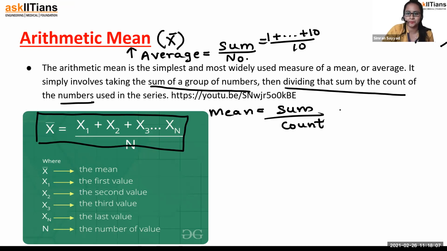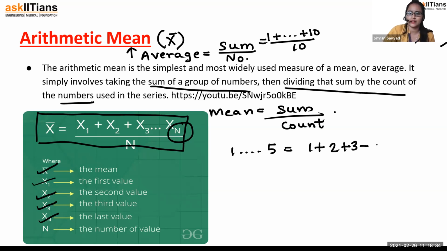Here you can see X bar. X bar is nothing but the mean. X1 is your first value, X2 second, X3 third, and so on till Xn. The last value here is considered as N. That's why you have to divide by N. Suppose you have to count only 5 numbers: 1, 2, 3, 4, 5.